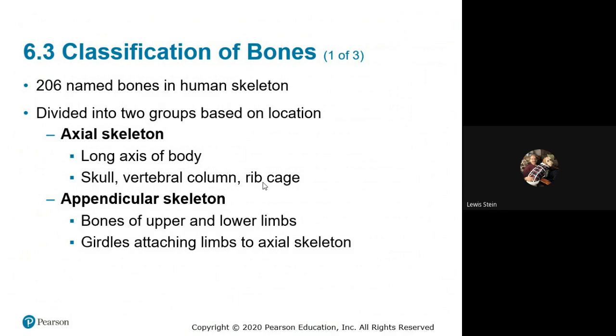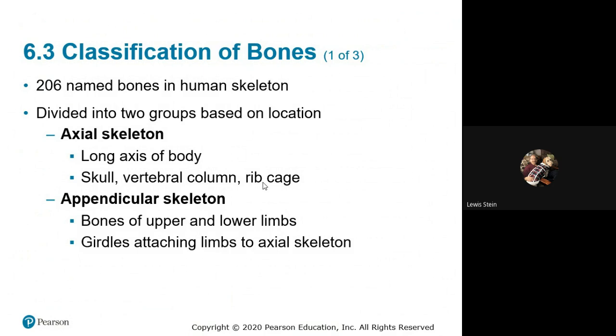Everything else is appendicular. Arms and legs, hands and feet, and by definition, the connectors. So your shoulder assembly and your hip assembly are considered part of the appendages. And you're going to see that's going to relate to muscles because we categorize them, whether they're muscles from the axial to the appendicular or just the appendicular.